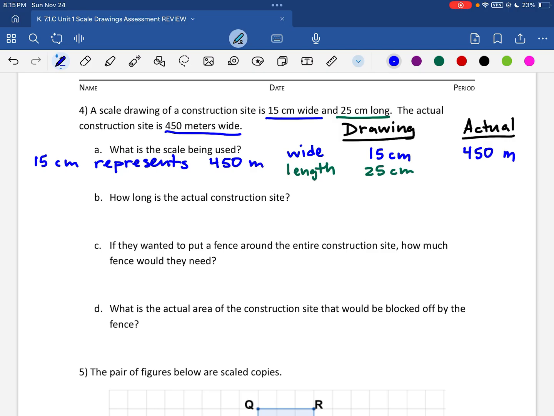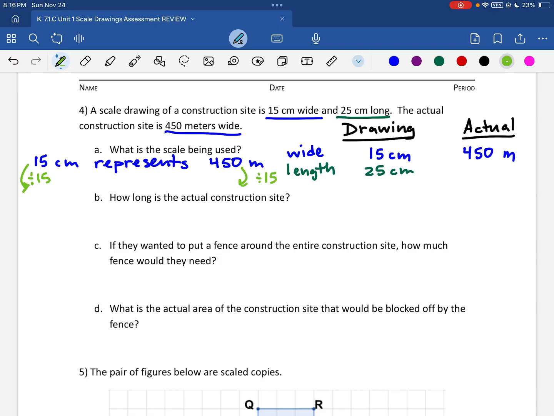Now, sometimes we do like for this information to be simplified. So if you can find a common factor, then you can divide it out. For example, 15 and 450 have a common factor of 15. So I could use my calculator and divide by 15 and divide this by 15.